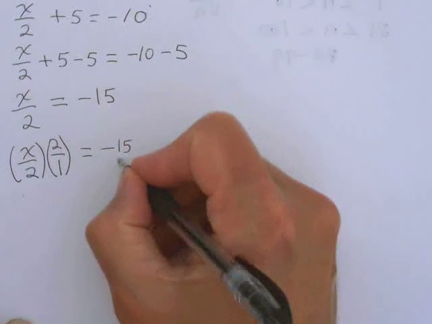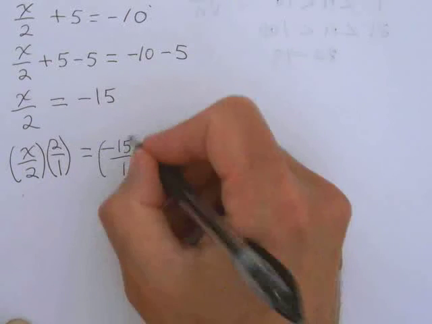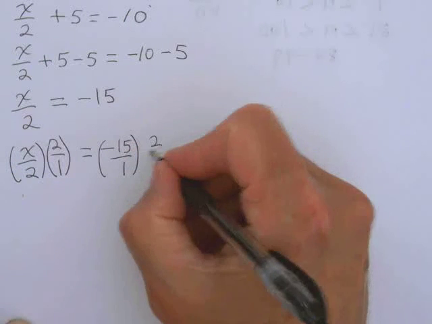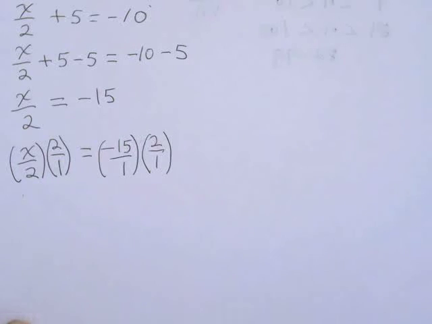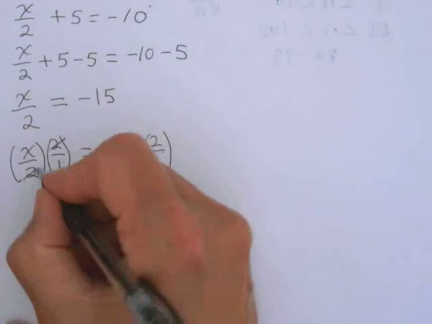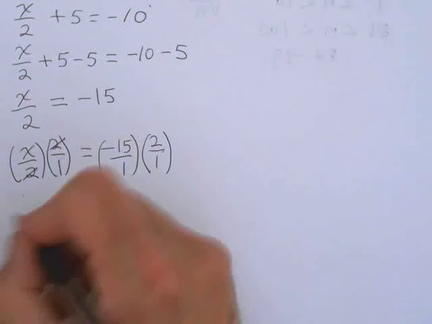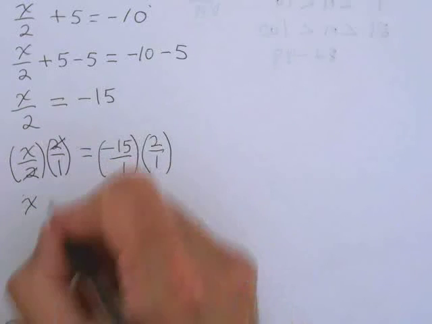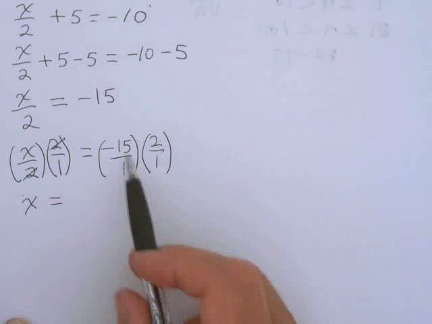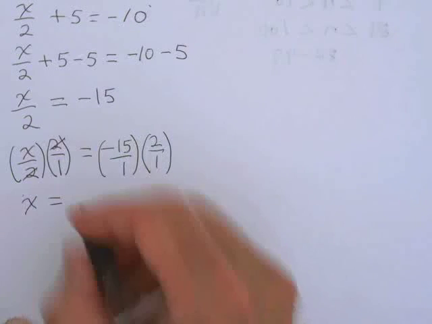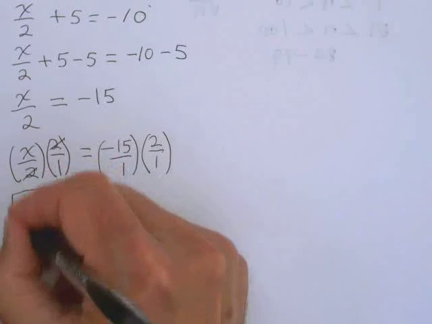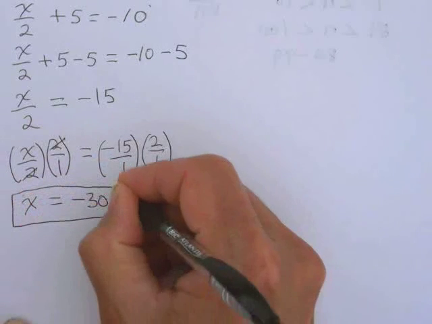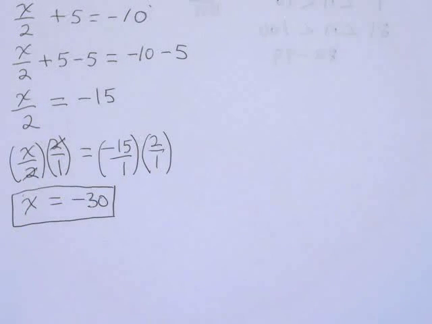And I'm going to write this as negative 15 over 1 multiplied by 2 over 1. And let's simplify. This 2 and this 2 would simplify, which would leave me with x equaling negative 15 multiplied by 2, which would be negative 30. And that would be another example of a two-step equation.